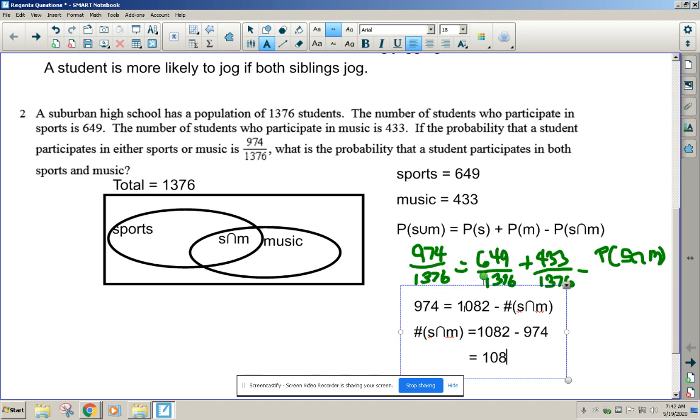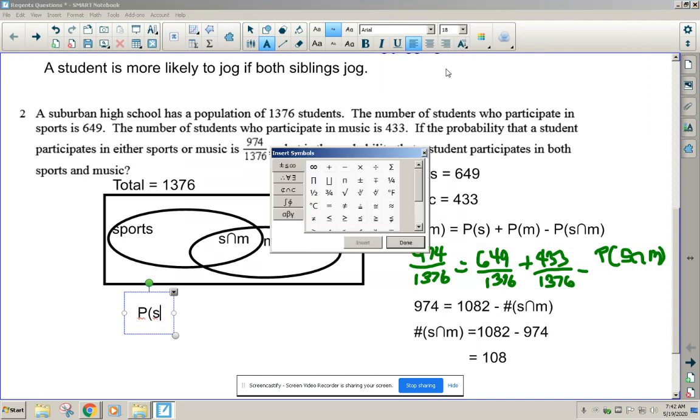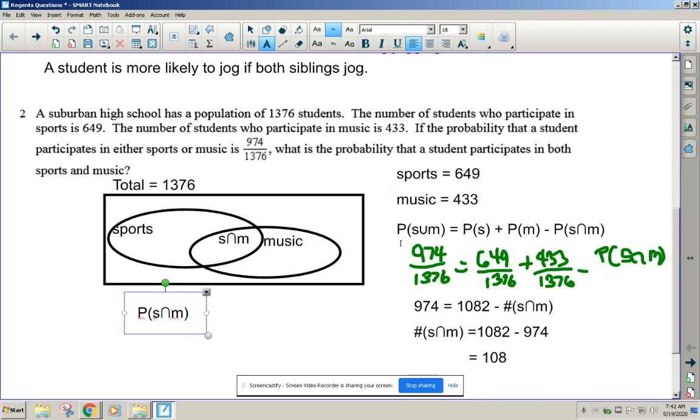So if I now write it as the probability, my answer now is going to be the probability of sports and music is now equal to 108 out of 1376. Again, you don't have to reduce, and they're not asking you to analyze this.